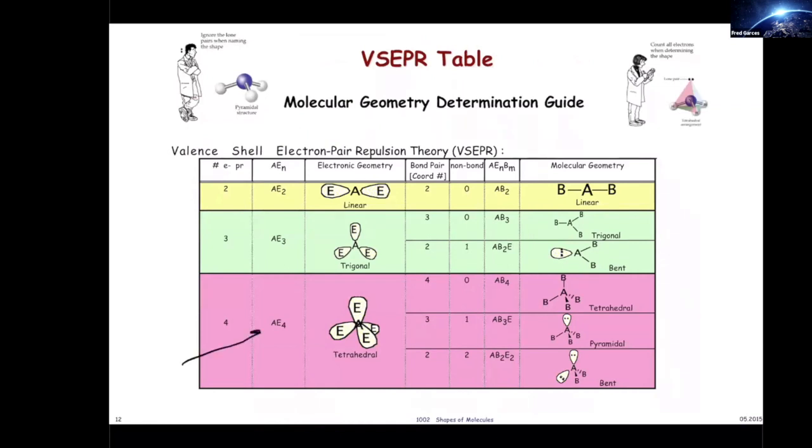But again, going back to 4 regions of electron density, we have it right here. If all 4 are connected, then our molecular geometry is straight tetrahedral. If 3 of the 4 are bonded atoms and 1 is a lone pair, then we have a pyramidal. And if 2 of those regions of electron density are bonded atoms and 2 are lone pairs, then it's a bent tetrahedral.